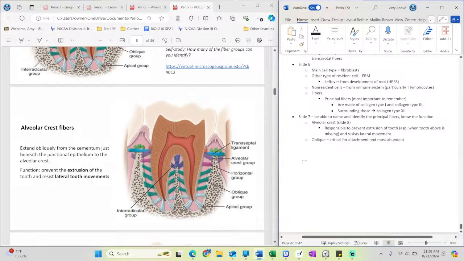And if I tell you what type of cementum is associated with the oblique fibers, it is acellular. Even though in this diagram it seems to be pushing towards the apical side, you need to remember it's acellular cementum.